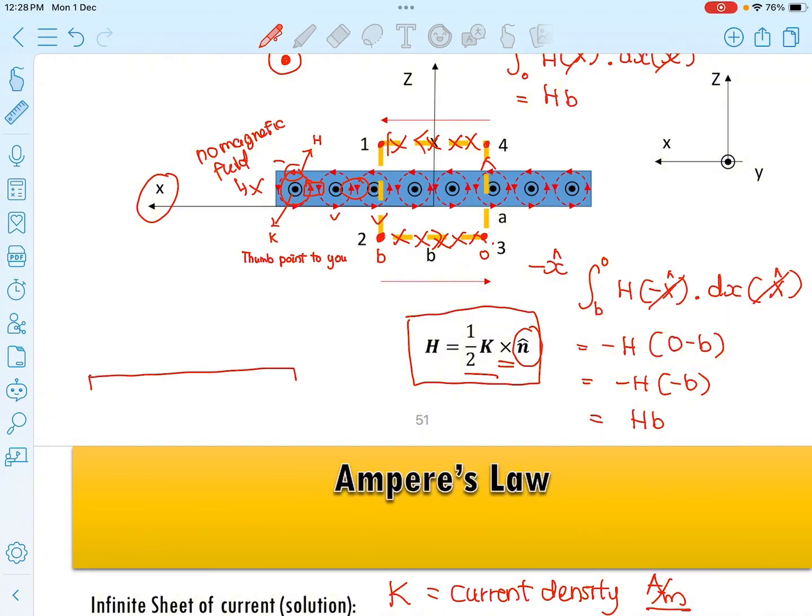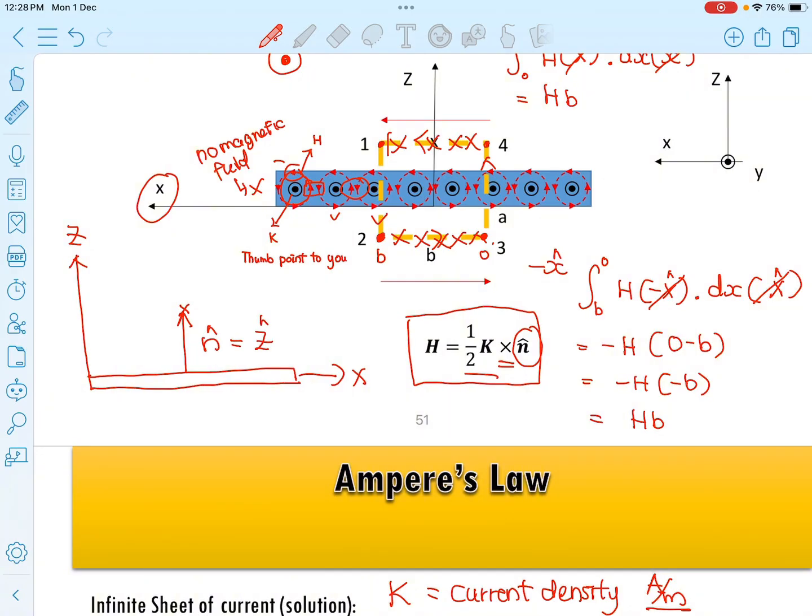For example, this is your surface, and now you want to find the magnetic field at this position. You will draw an arrow pointing from your surface to this position. If I'm using this coordinate system, this is x, for example, and this is z, so this n equals the z direction.